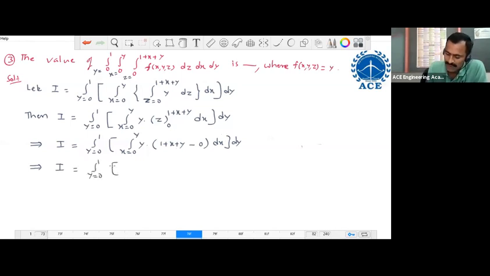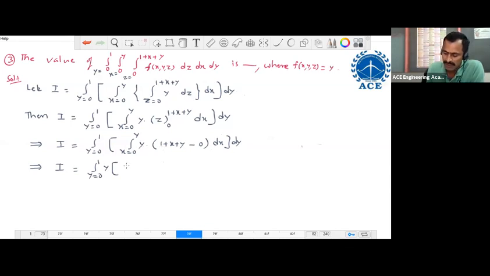Now integrate this. Y is constant. We are integrating with respect to x. The triple integral is reduced to a double integral here. So the inner integral is with respect to x. Y is constant.